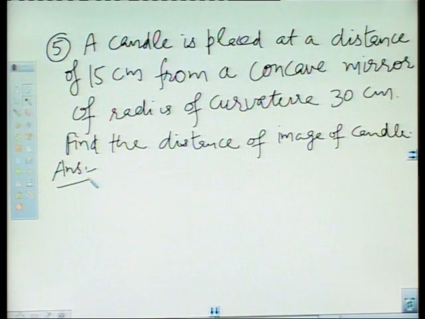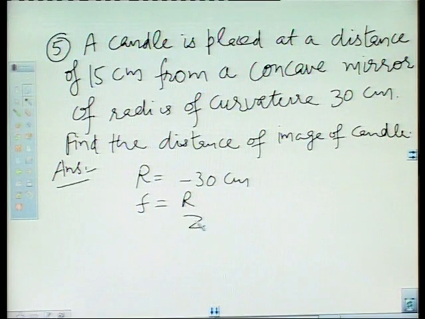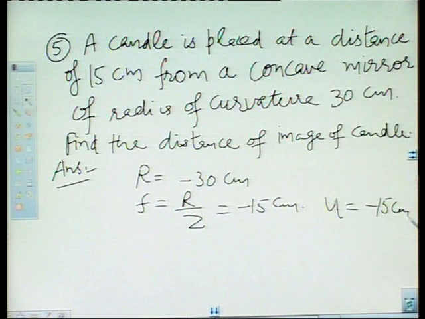in this case the radius of curvature of concave mirror is equal to minus 30 centimeter, because for concave mirror radius of curvature is negative. So the focal length is equal to r upon 2 is equal to minus 15 centimeter, and distance of object from the concave mirror u is equal to minus 15 centimeter.